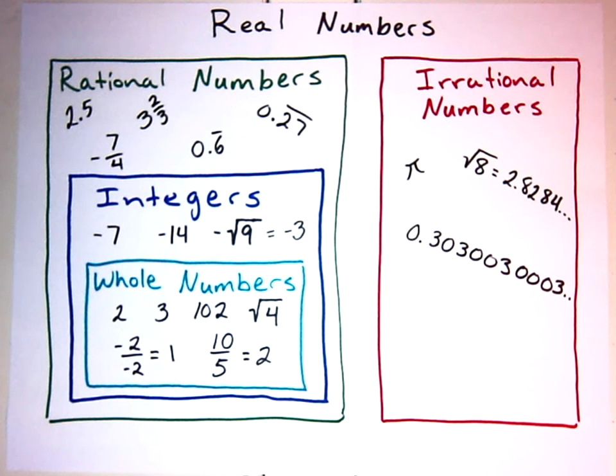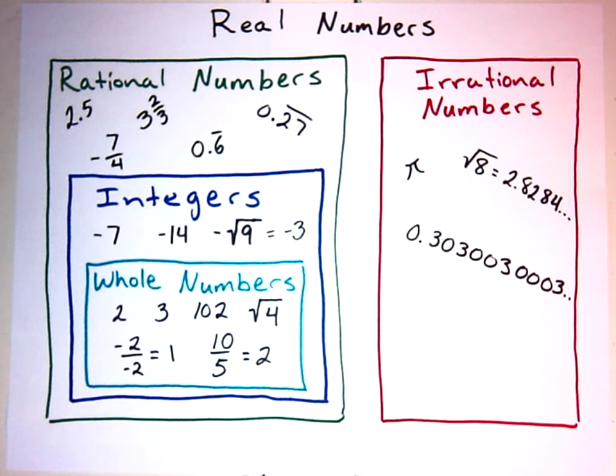Some other values that are included in here are called repeating decimals. So we have, for example, 0.6 repeating or 0.27 repeating. Those numbers are rational numbers, okay? 2.5, that's what we call a terminating decimal because 2.5, it ends. To terminate means to end.